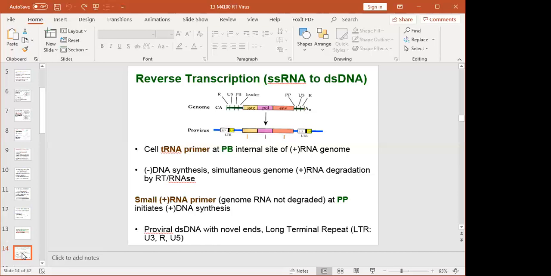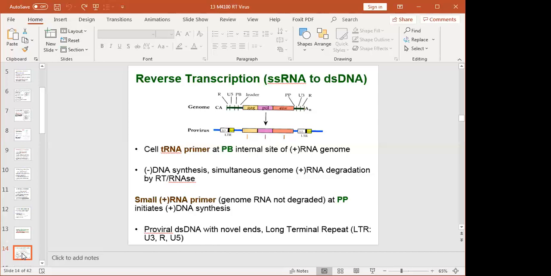Let's take a step back. We need to have a negative DNA strand and a positive DNA strand because proviral DNA is double-stranded. So for the negative strand synthesis, we need a primer. That primer is host cell tRNA, which binds to the PB region at the 5' end of viral RNA.